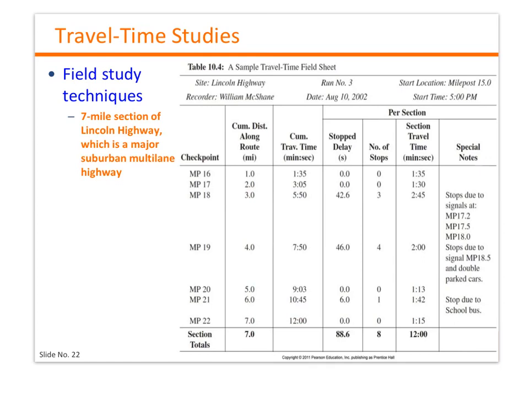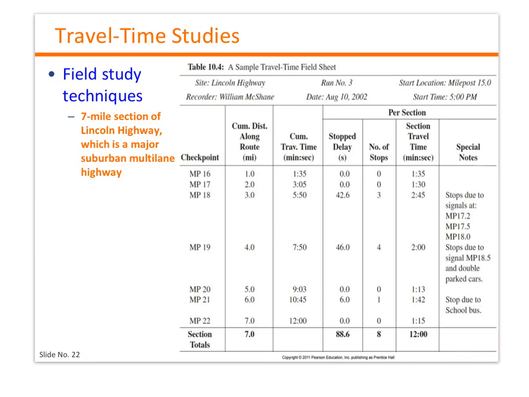By the time I reach mile post 16, I have accumulated 1 minute and 35 seconds. By mile post 17, I have accumulated 3 minutes and 5 seconds, all the way until mile post 22, where the observer in the test car measured 12 minutes from the beginning of the test section.